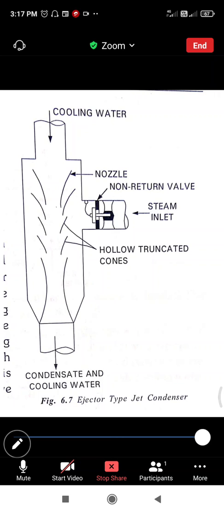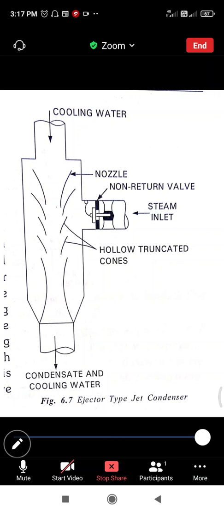Once again, it is suitable for moderate vacuum. In this condenser, cooling water is discharged through a series of convergent nozzles which creates partial vacuum, and a mixture of air and exhaust steam is drawn into the condenser through a non-return valve. The steam is thoroughly mixed with cooling water in hollow truncated cones and gets condensed.